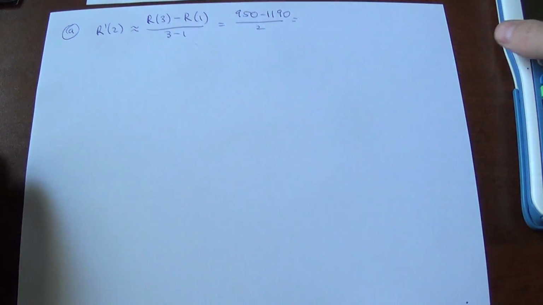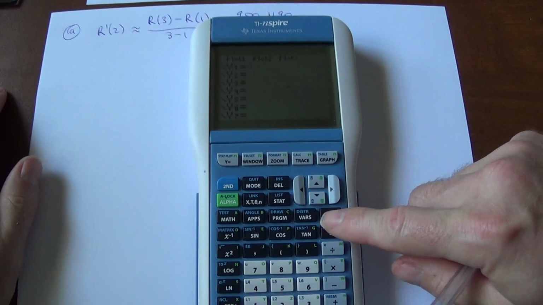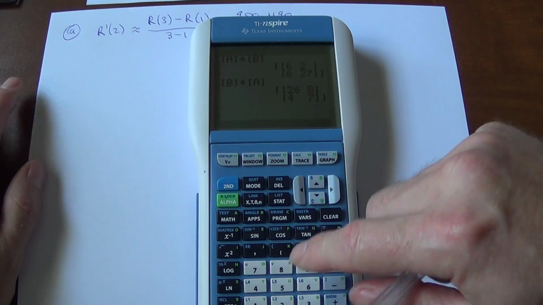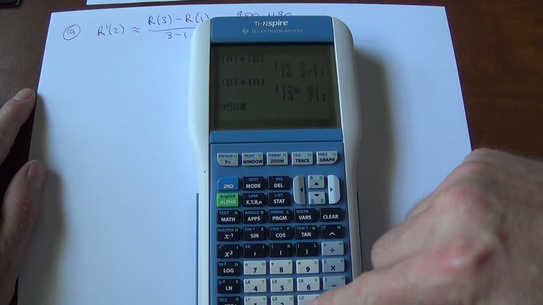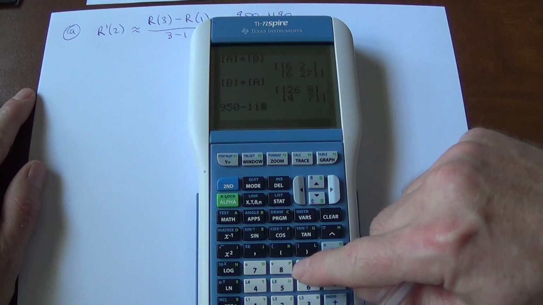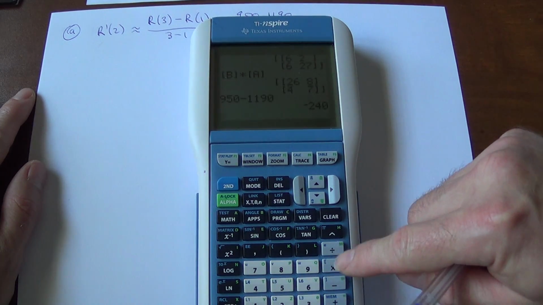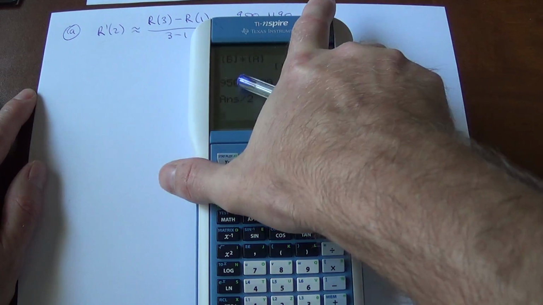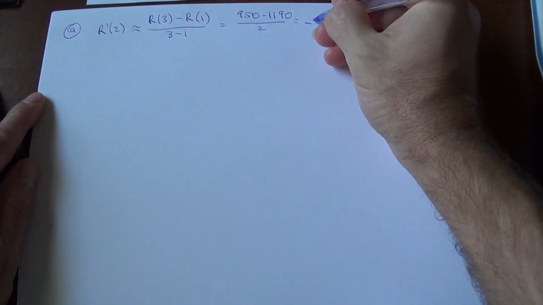It's a calculator active question, you don't really have to simplify from here, but we're trying to be good. Divided by 2, this is going to be negative 120.